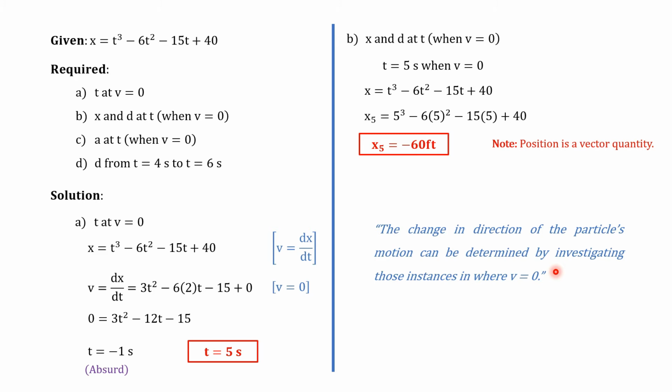So what we're going to do is investigate from 0 to 5 seconds whether within that time interval the particle stopped. Because when the particle or body momentarily stops, that's the time it changes direction. So that is our signal that the particle changed direction. And then we can draw an accurate drawing or plot so that we can compute the distance.